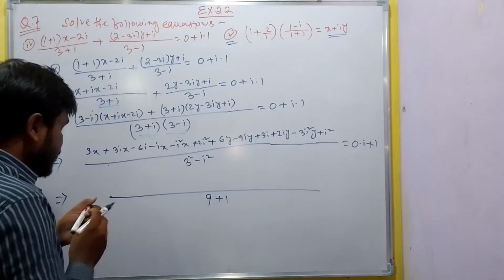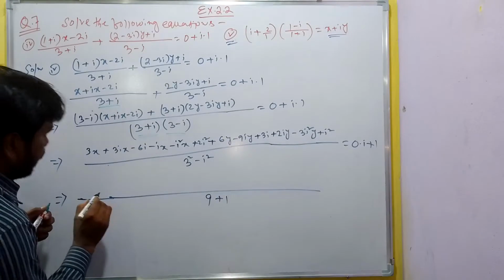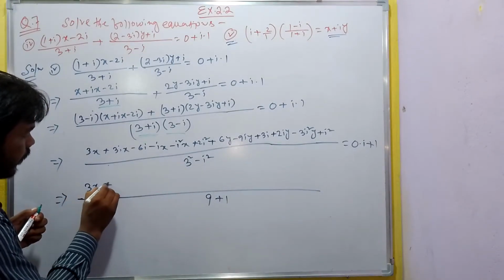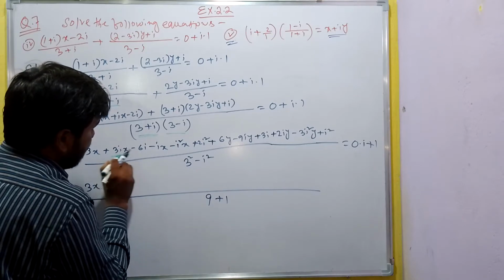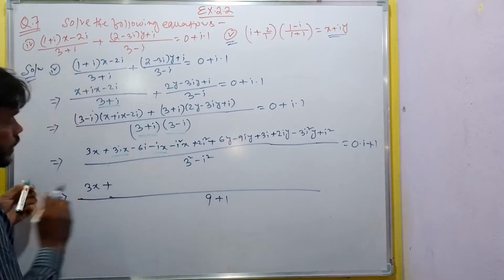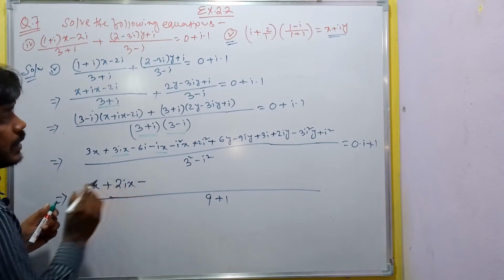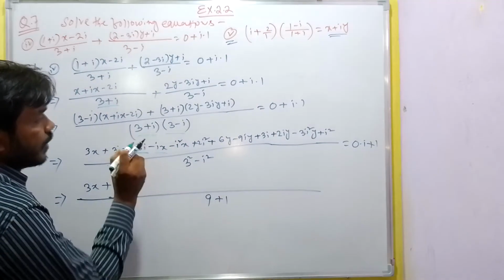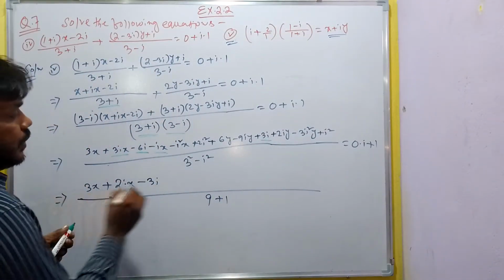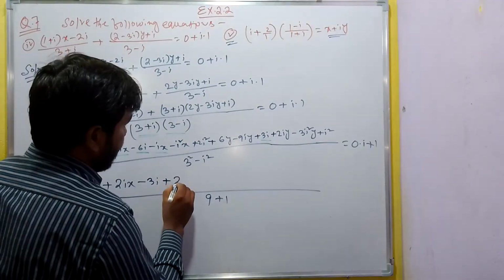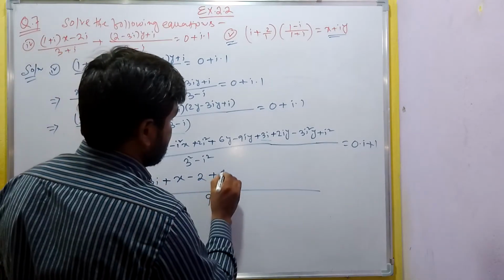Now you can write 3x plus 3ix, plus 3ix, here minus ix, then you can write 2ix. Minus, here this one minus 6i and this one plus 3i, so you can write minus 3i. Plus i² means minus 1, so plus x minus 2, plus 6y.